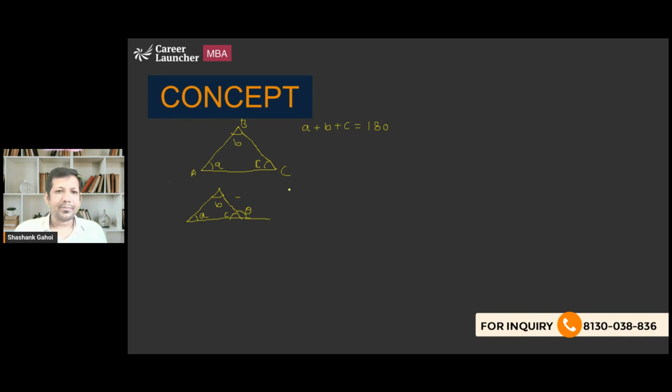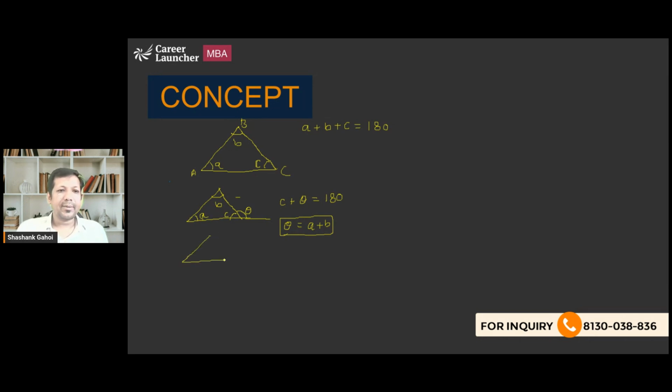So basically, I can also say that C plus theta is equal to 180 degrees, and A plus B plus C equal to 180 degrees. So from there, I can conclude that theta is equal to A plus B. So this is one of the things that we already know, that any external angle is equal to the sum of two opposite internal angles in any possible triangle.